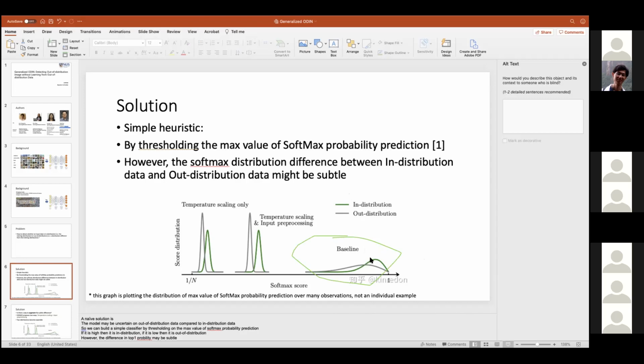They are more concentrated towards 1, but the other line, which denotes out of distribution data, is shifted a little bit leftward compared to the in distribution data. So you can see you cannot find a threshold to distinguish these two distributions. That is understandable. Okay, let's keep going on.